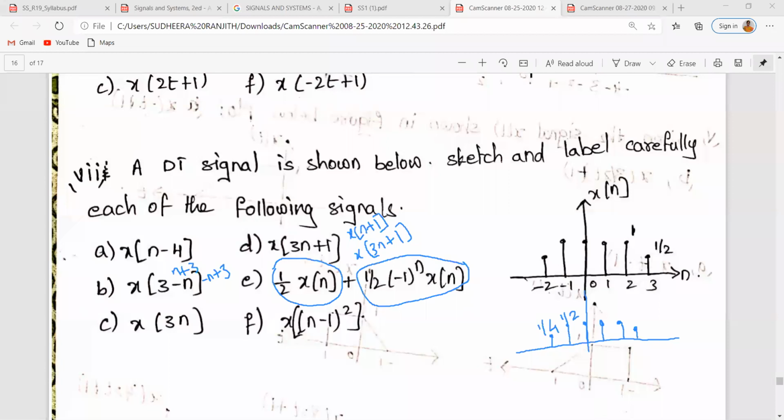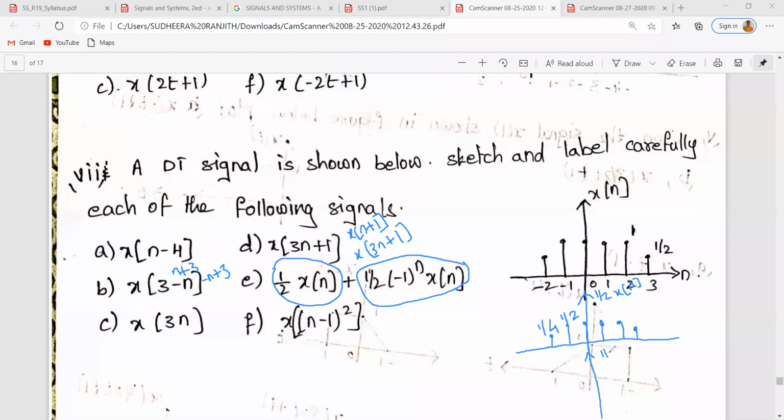Already we have plotted half into x of n. Now let us try to multiply this particular signal with minus 1 whole power n.